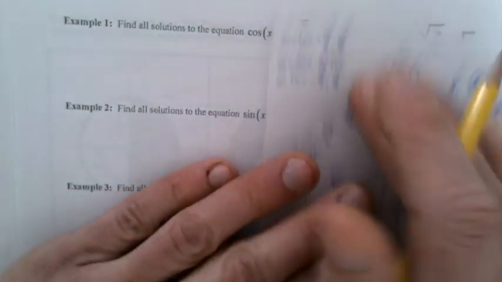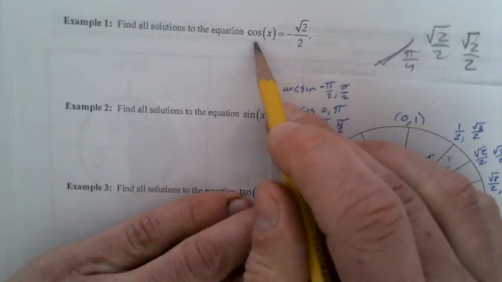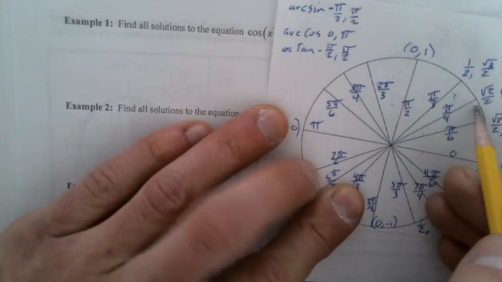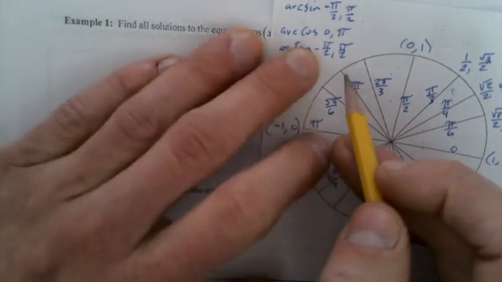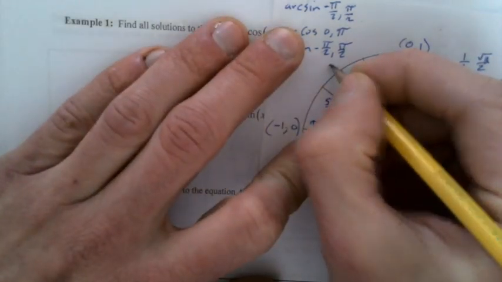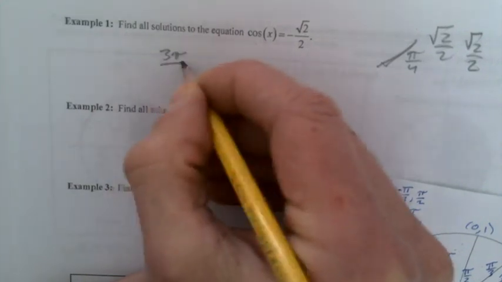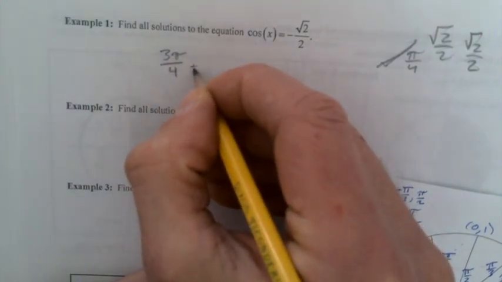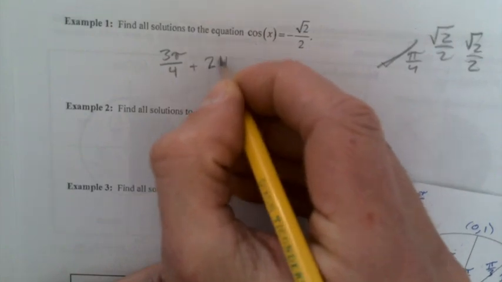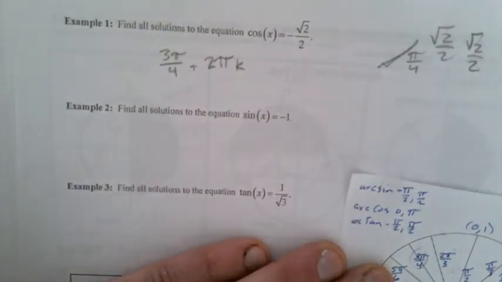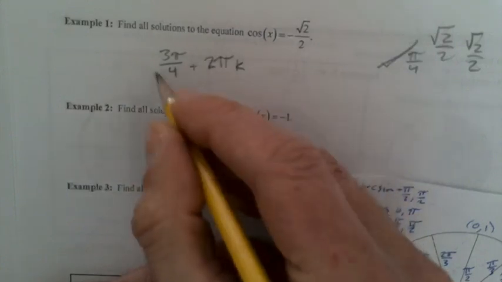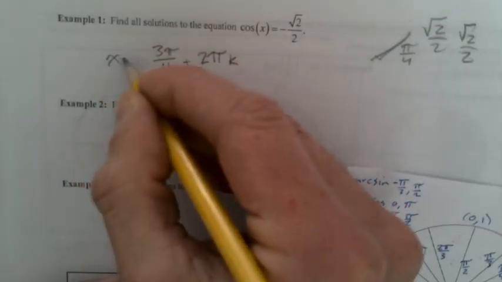But then if I want it to be a negative and it's cosine, so that's the x value, the x values become negative back here. So this would be 3 pi over 4. And then every time we return to that, so plus 2 pi k. That's one solution for x.